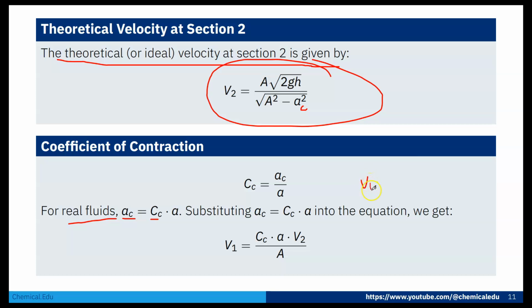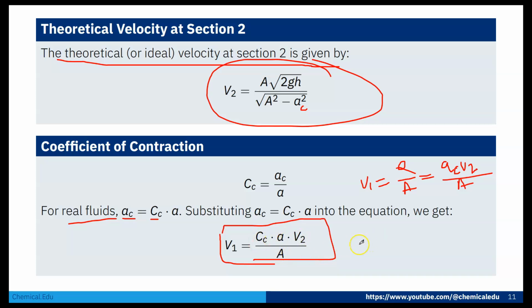We know that V1 is equal to Q by A. And Q we know is AC into V2. Now here AC we know is CC into A. So V1 is equal to CC into A into V2 by A. So from that we can get V1.